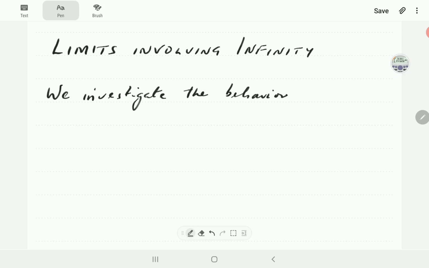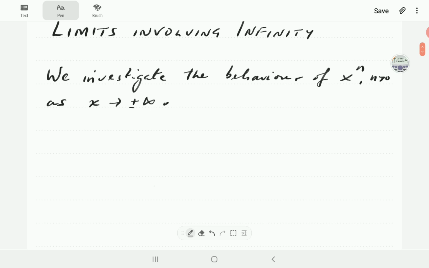So we're going to look at the behavior of x to the power n, where n is a positive real number, as x goes to plus infinity first, and then we'll also look at the case as x goes to minus infinity.